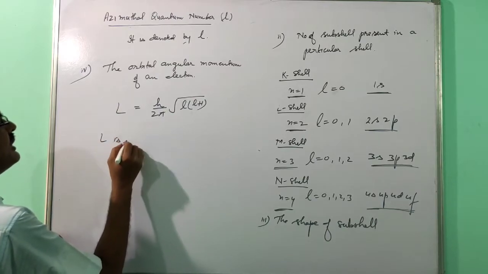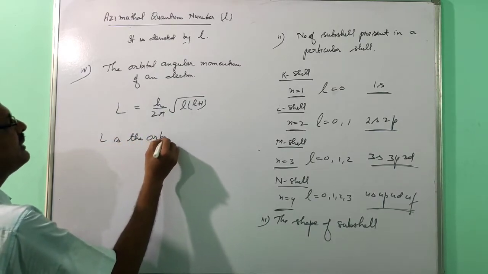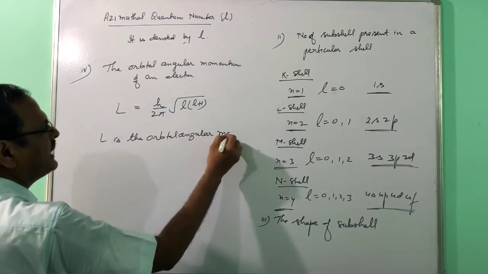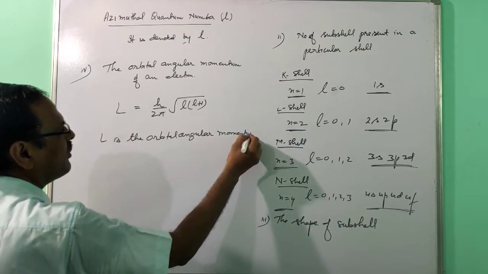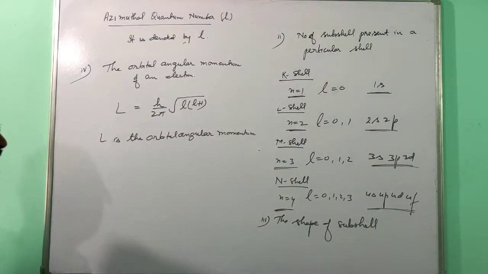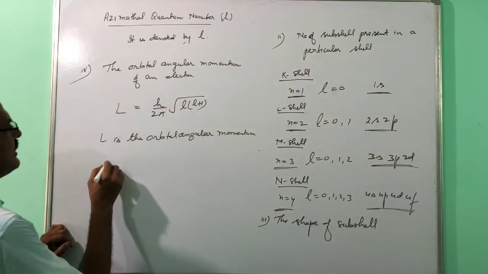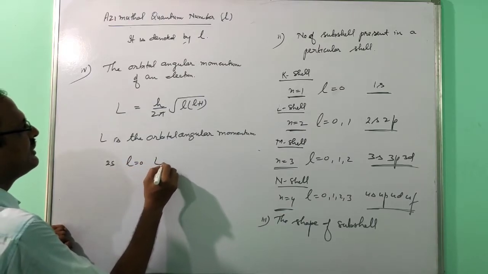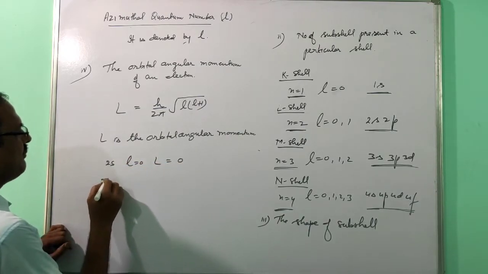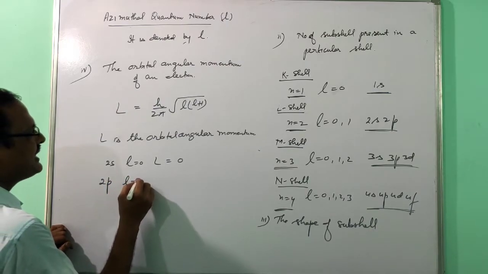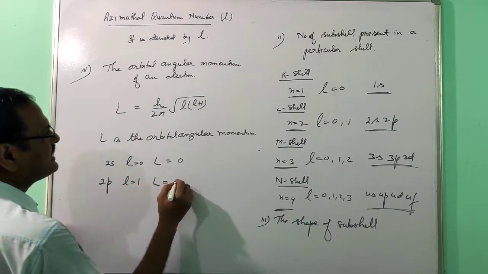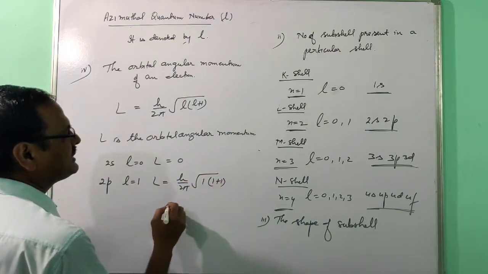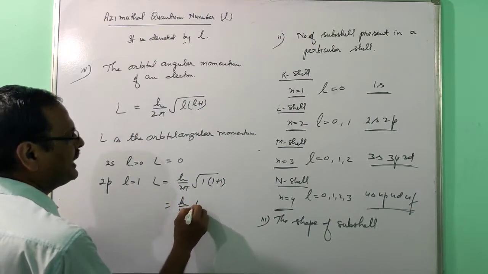L is the orbital angular momentum. For example, if you calculate for 2s, l is equal to 0, then L will be 0. For 2p, l is equal to 1, then L is equal to h upon 2 pi under root 1 times (1 plus 1), so h upon 2 pi under root 2.